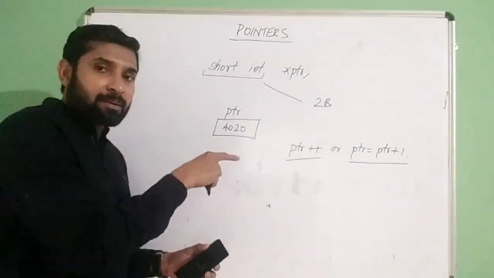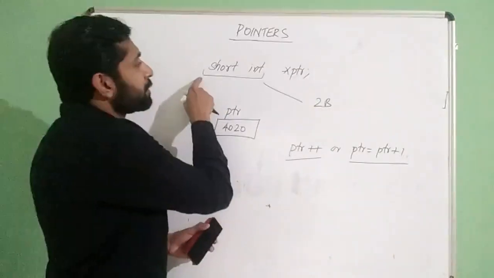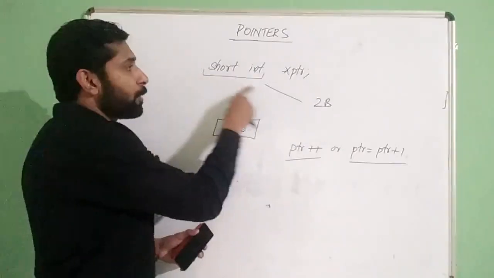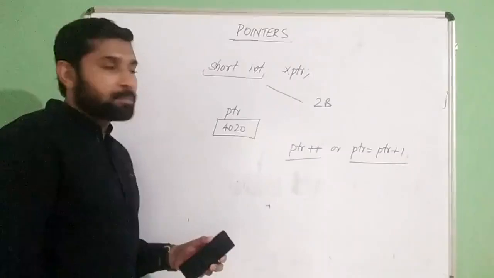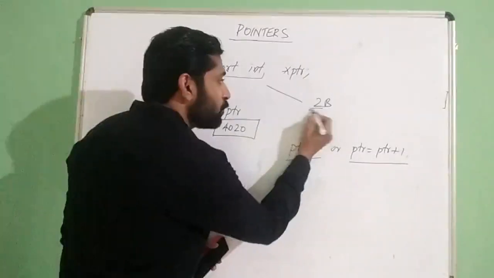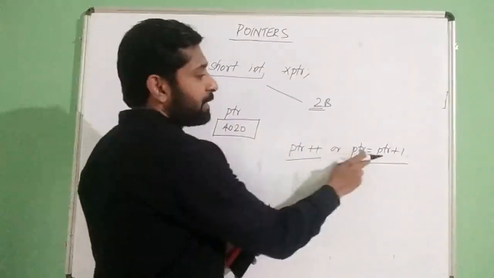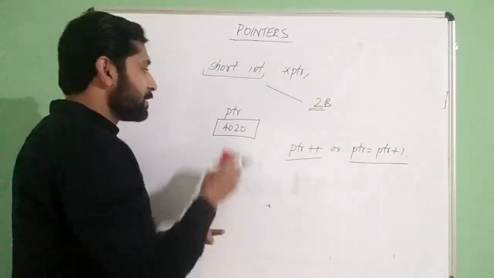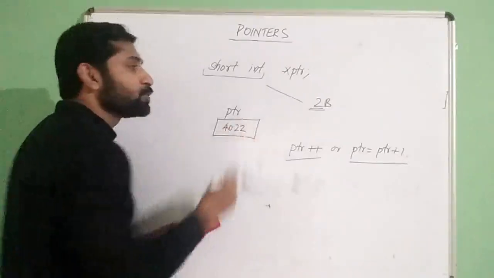The addition depends upon the size of memory or the bytes required for the data type. Here short int uses 2 bytes. So this 2 will be added to this content. After the execution of that statement, this will become 4022.